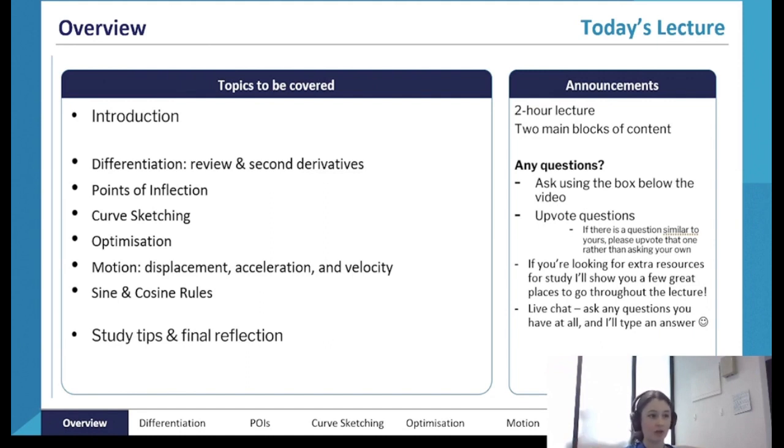And then our last topic, which is separate to all the calculus we've previously been doing, is on the sine and cosine rules. This is an introduction to the trig that you are going to be going over in year 12. We won't get too deep into it, but we will do an overview just so that you get the basics.